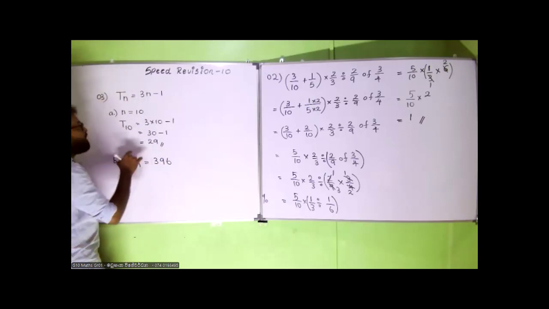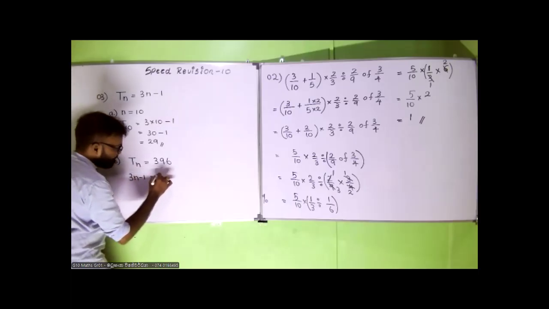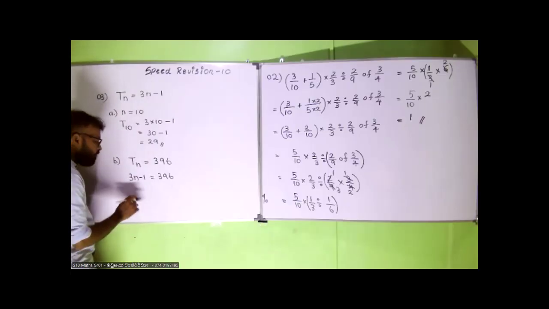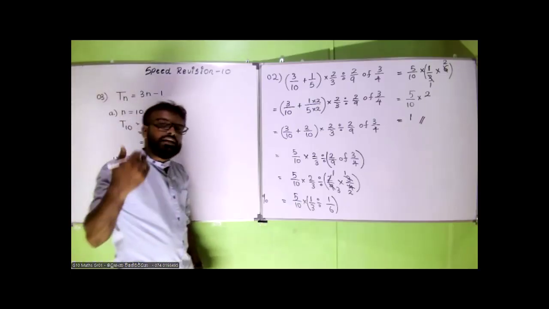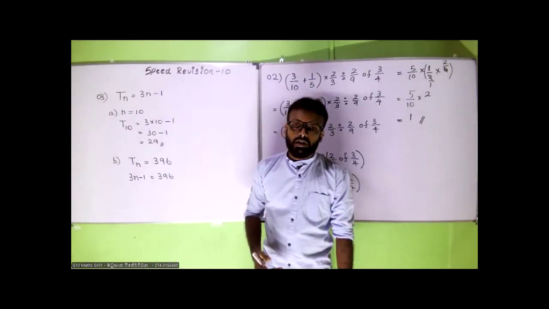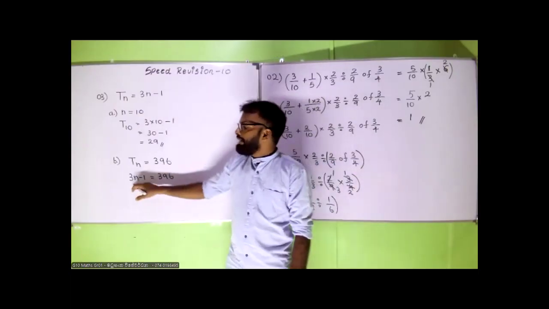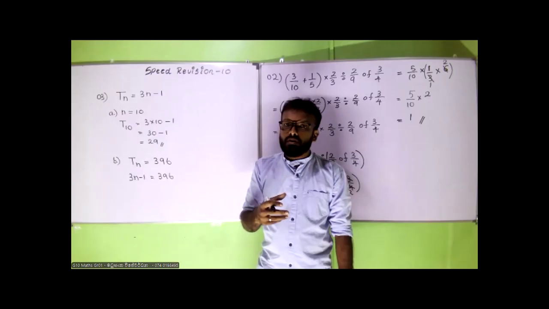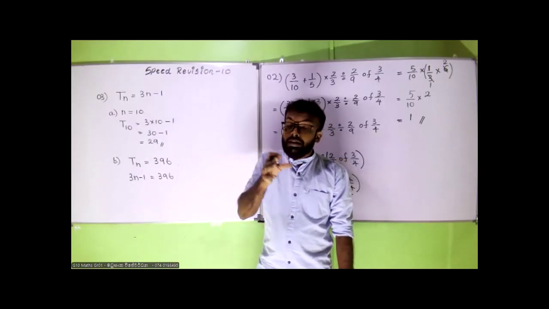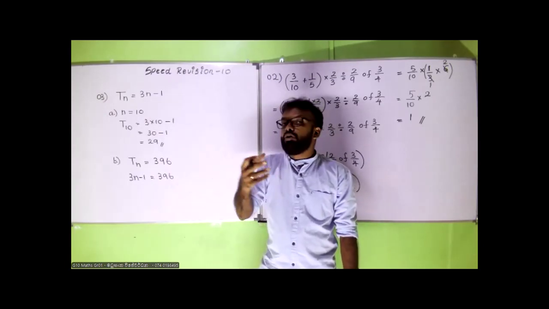Tn, 3n minus 1, they have given that. This is 396, right? And you are going to find out whether n is taking an integer value or not.